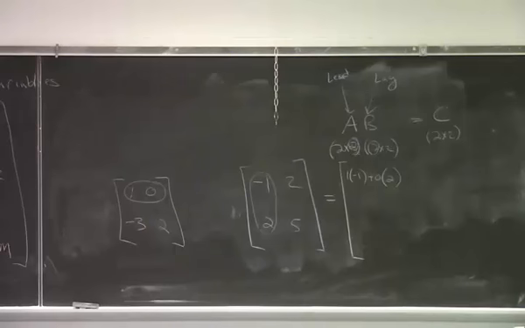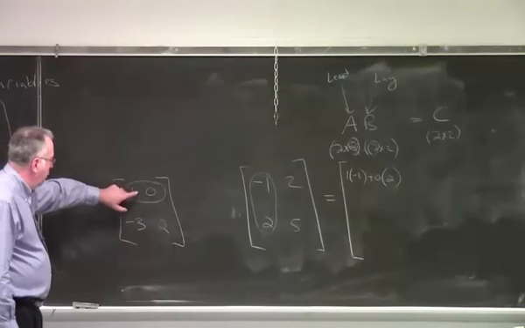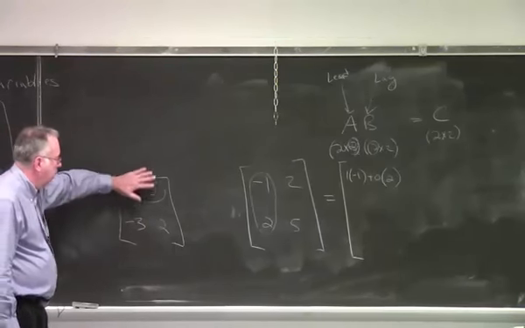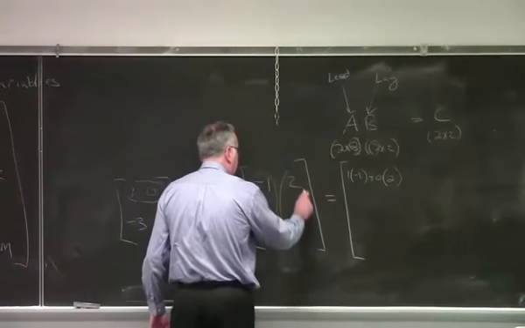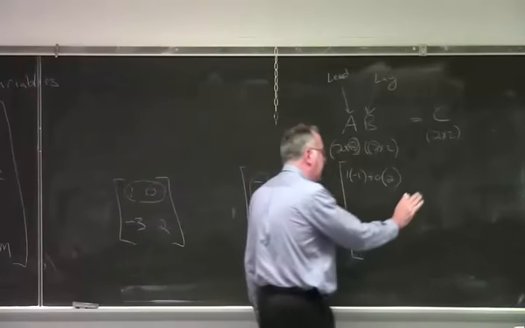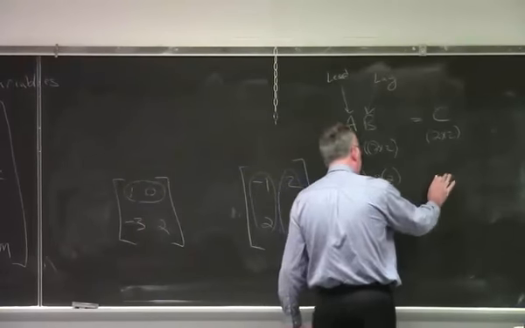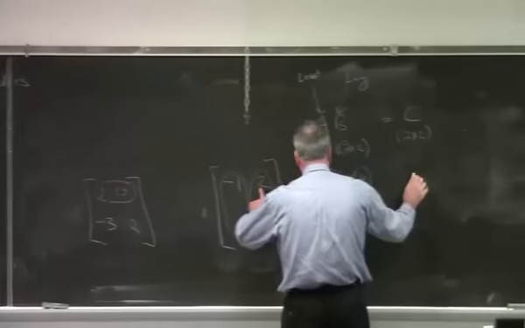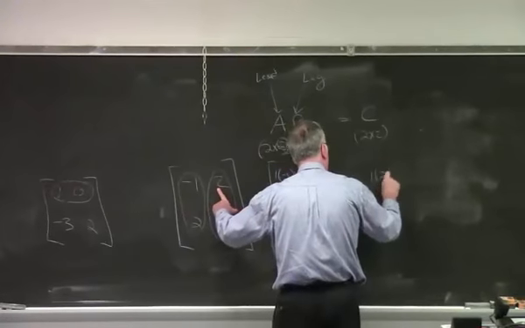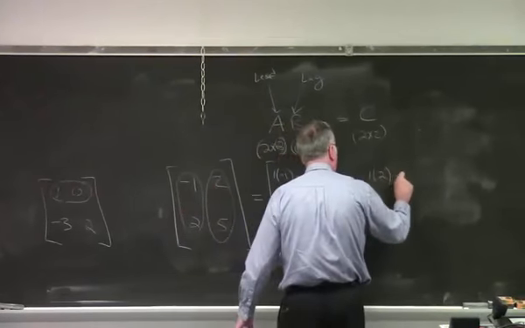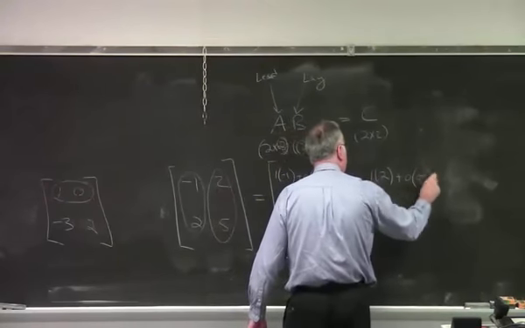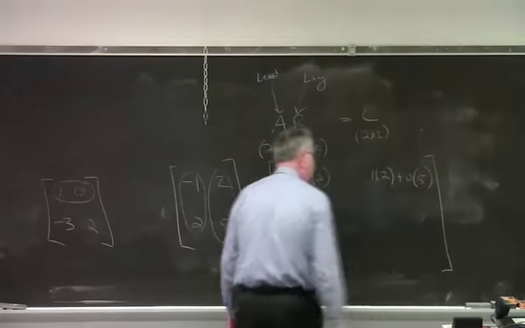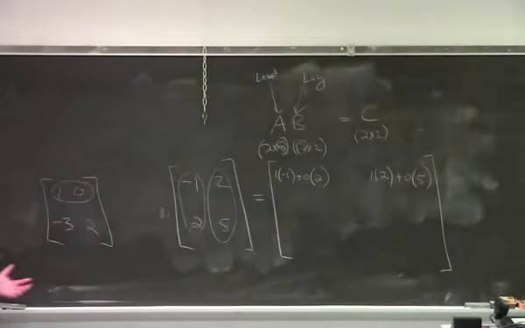Then next you continue with this row, but you multiply it times the second column of the lag matrix. And when you do that, I'm going to leave a space here because we're moving on to this next element. It'll be 1 times 2 plus 0 times 5. Now, there are no more columns in the lag matrix, so we're done with the first row.